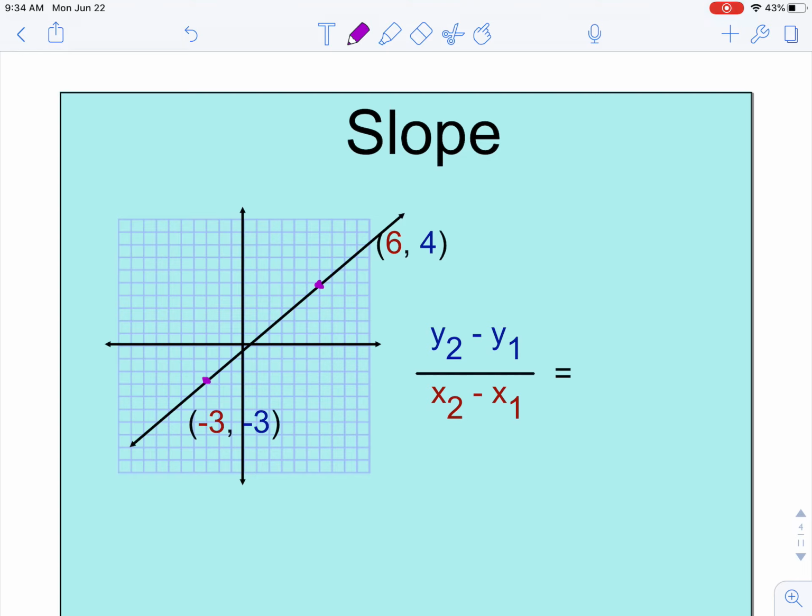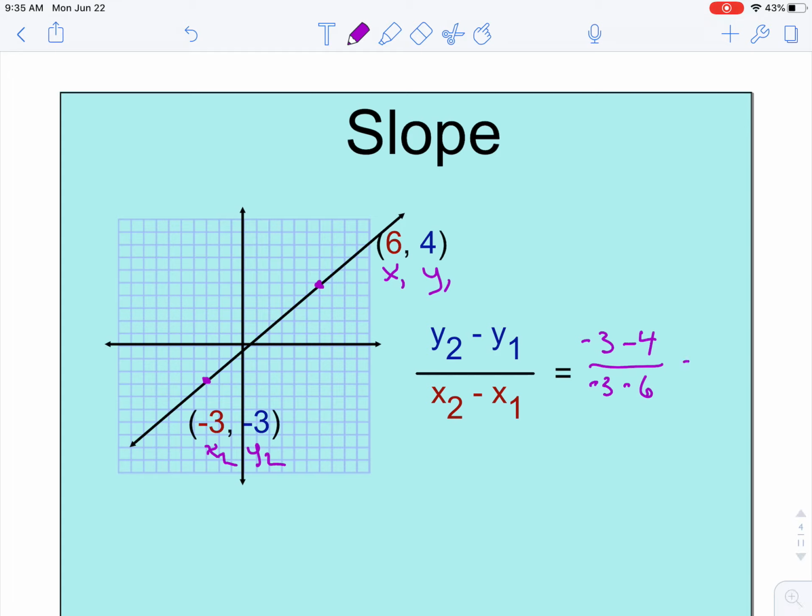So we'll just use y2 minus y1 over x2 minus x1. I think it's helpful to label your points. Pick your y2 value, which is -3, subtract your y1 value, which is 4, over x2, which is -3, minus your x1 value, which is 6.